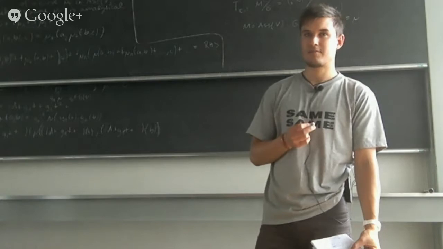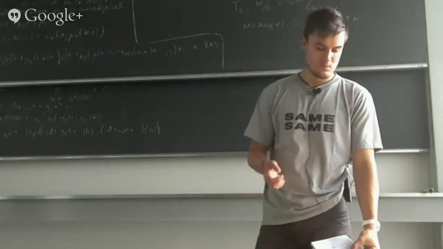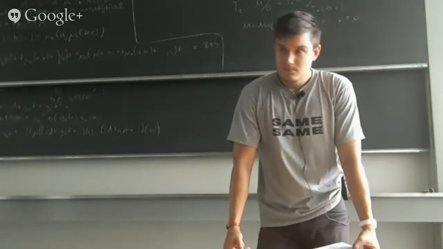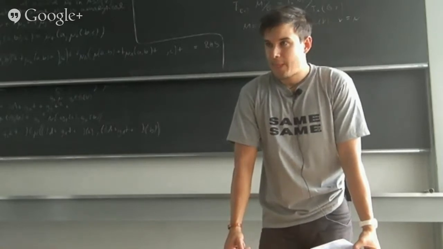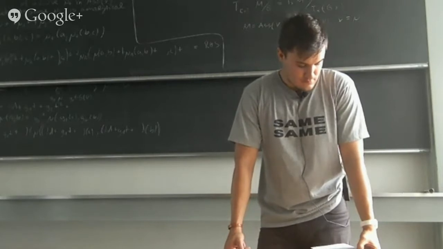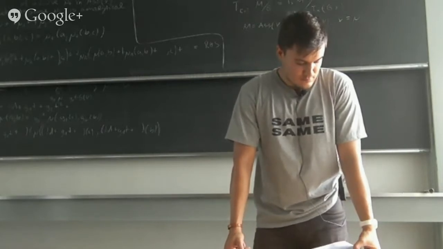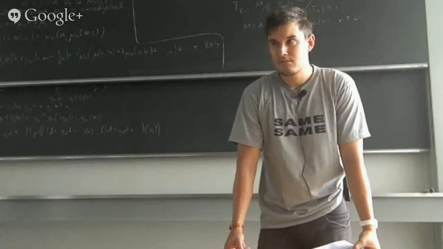GT dot mu is a curve, but GT itself is an element. No, GT is a curve in the group which goes through the identity. A curve in the orbit which passes through mu is in fact the image of a curve in the group which passes through the identity. Okay.